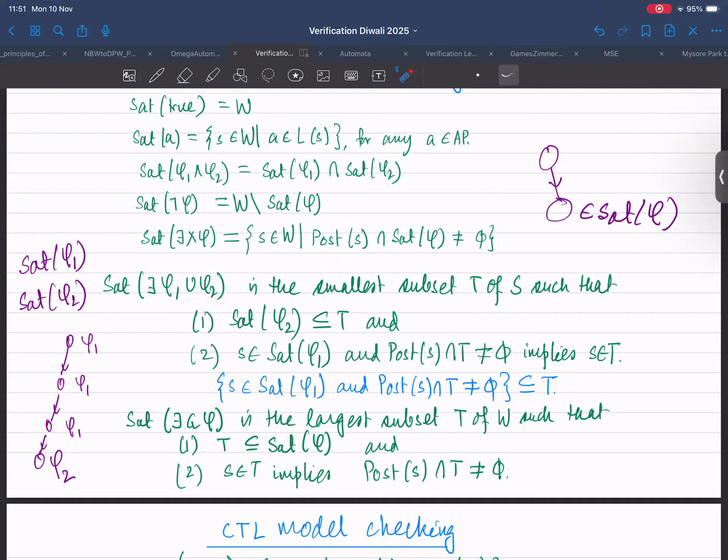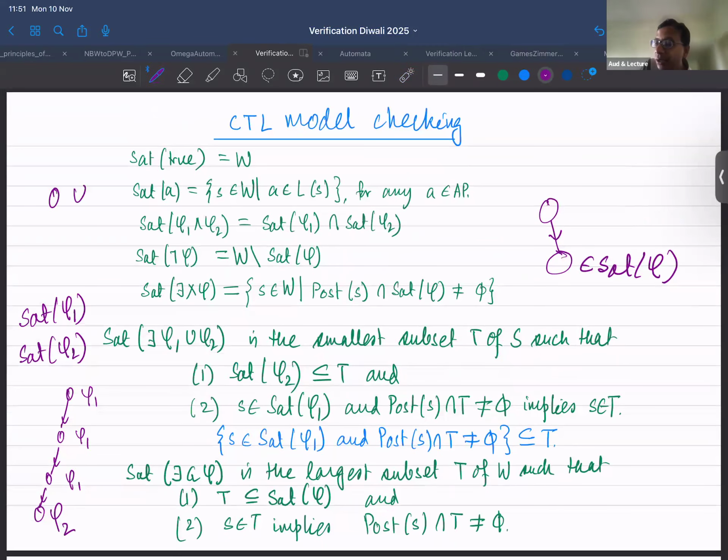If I have a state S which satisfies phi 2, then S also belongs to SAT of exists phi 1 until phi 2.